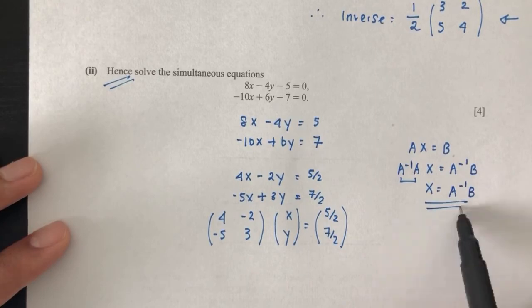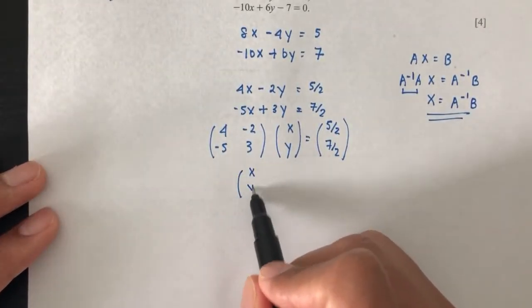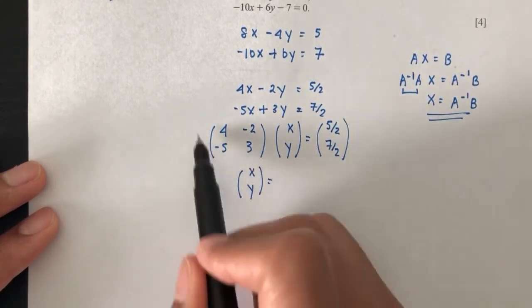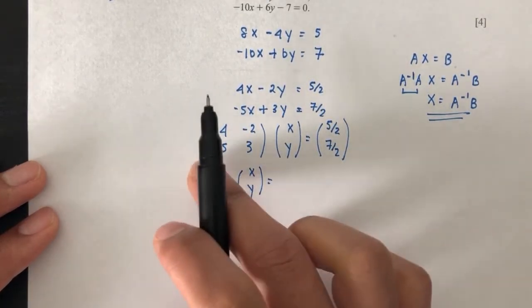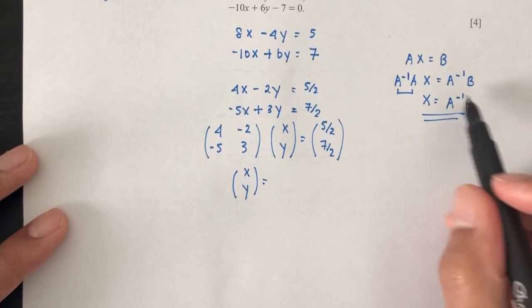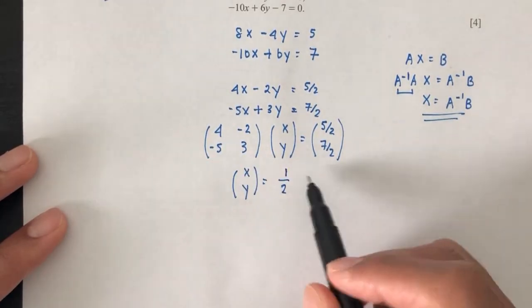So we are going to use the same technique here. To find the value of x and y, we have to multiply by the inverse of this matrix. So we have found in the first one inverse equal to this. So basically same thing. What happens is this is the inverse of this one.